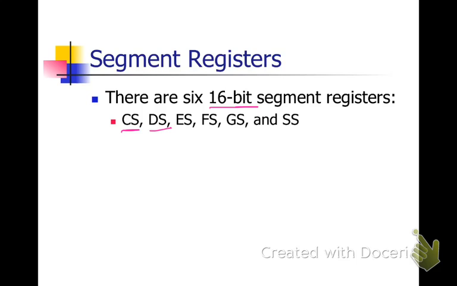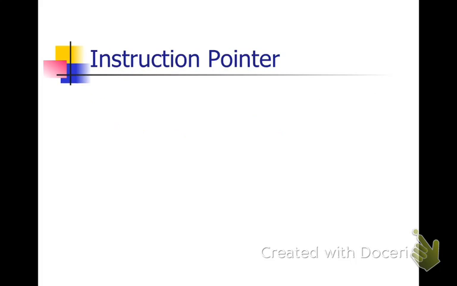Data segment is where we store data. These segment registers are extra data segments that were added as the architecture of this class of computer grew. Finally, I've got the stack segment for the runtime stack. So that's how I address them, CS, DS, etc.